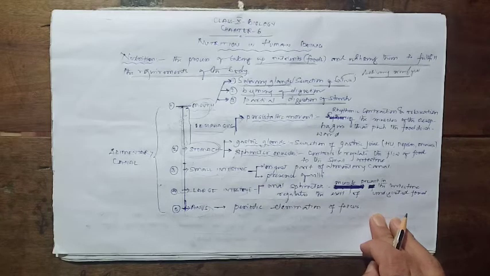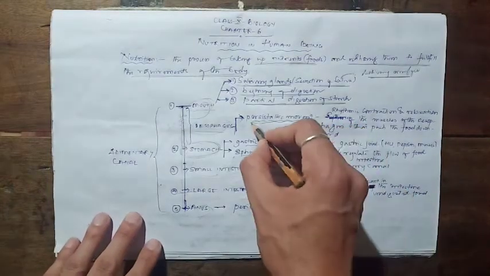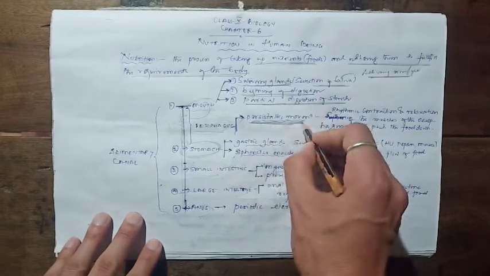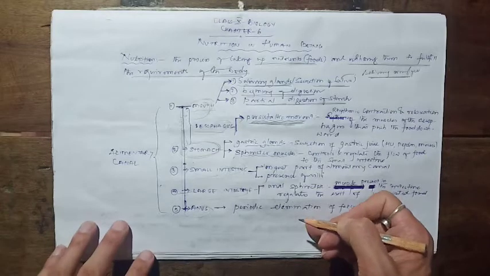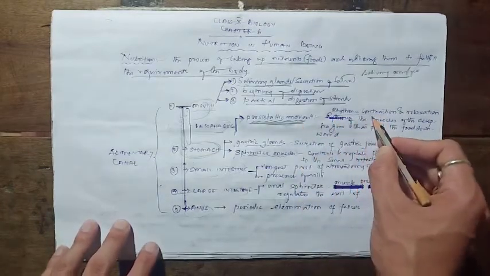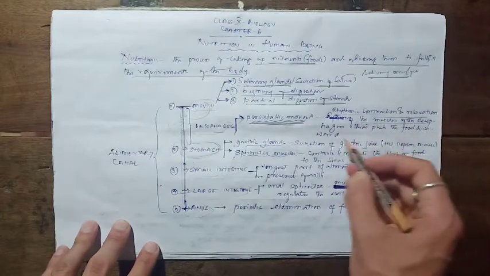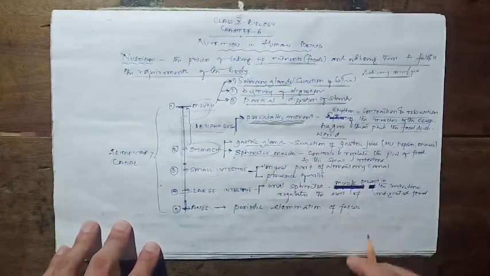This is called peristaltic movement. So peristaltic movement is the rhythmic contractions and relaxations of the muscles of the esophagus that push the food downward, which means towards the stomach.